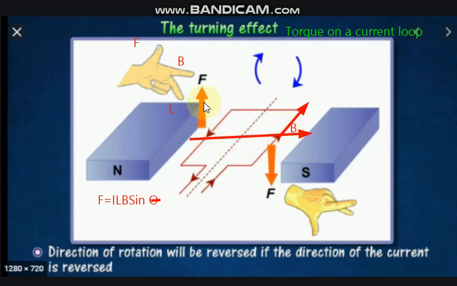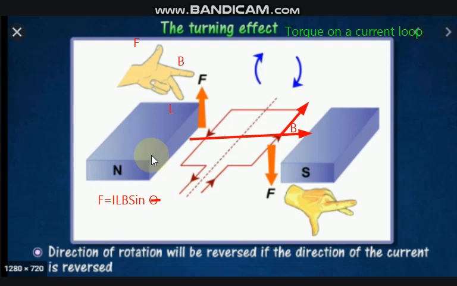But the directions of the forces will be opposite, because L is directed this way for this segment and that way for this segment. So the angle is the same, that is 90 degrees. The current is the same, the magnitude of L is the same, B is the same, theta is the same.